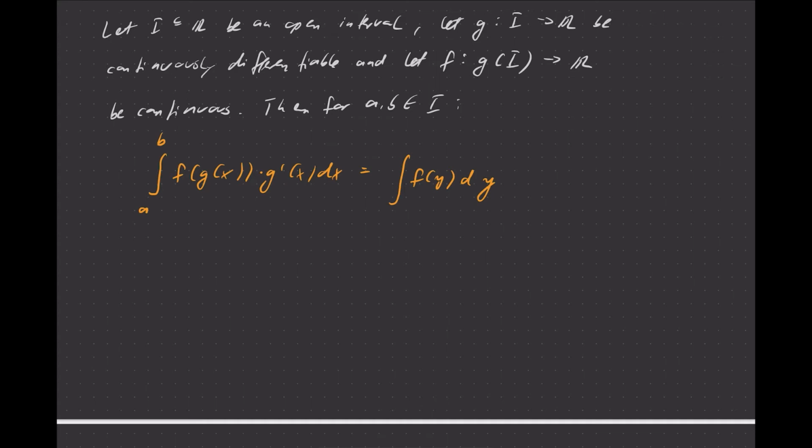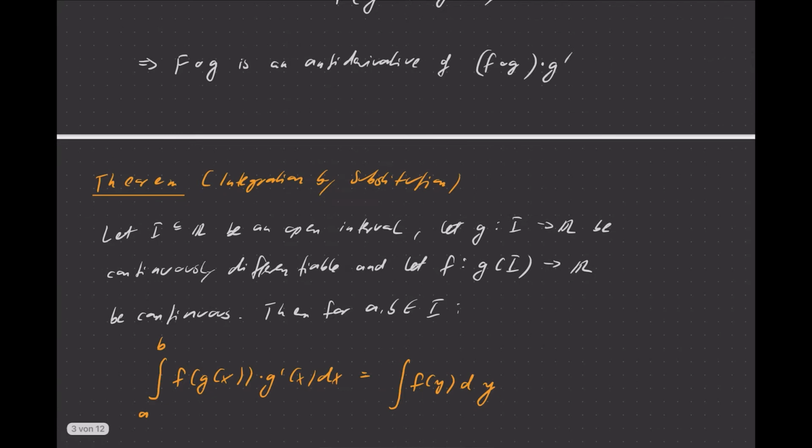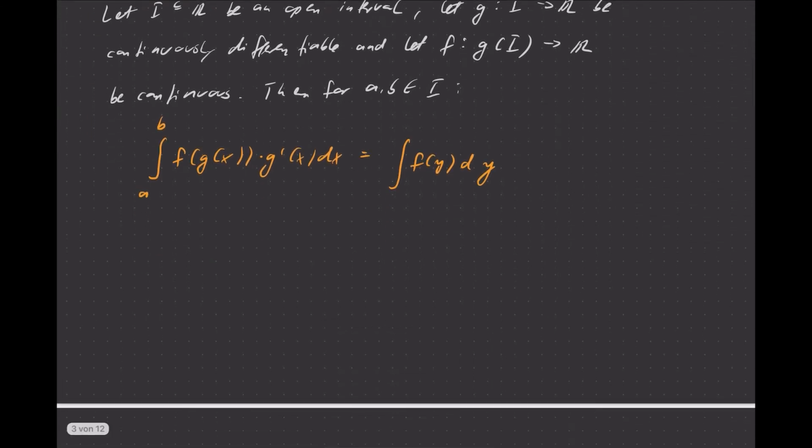So that is this capital F, and we need to evaluate that. We need to compute capital F, and we need to evaluate that at g of the bounds. So instead of the old bounds, we now get g of a and g of b, right? And that is why I wanted to have the bounds in here.